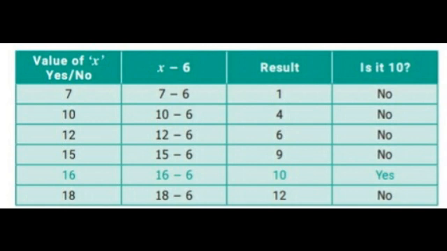Now we have written this in expression form. X minus 6 is an algebraic expression. After writing the statement in the form of an expression, we can easily find the value of the unknown. So x minus 6 is equal to 10. From this equation, we are going to find the value of x.